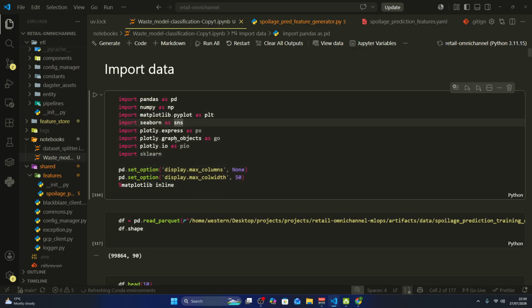dependencies: pandas, numpy, matplotlib, and seaborn. Basically, these are used for plotting the charts. There's also another nice library you can use, and that is Plotly.